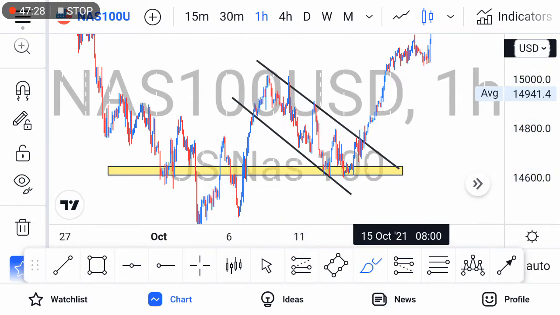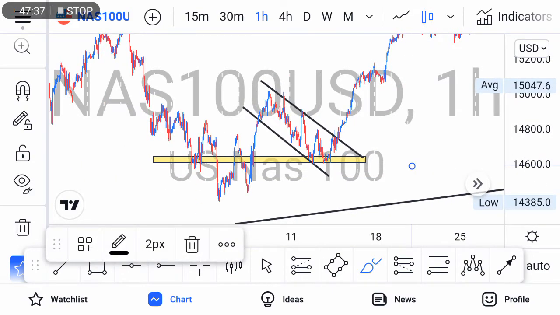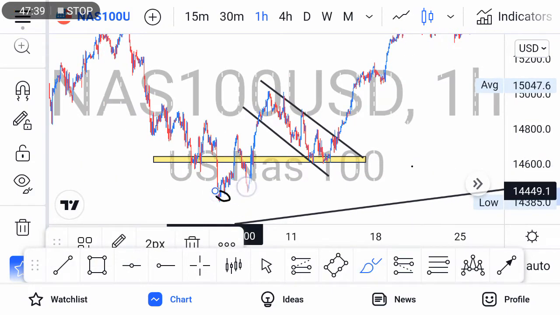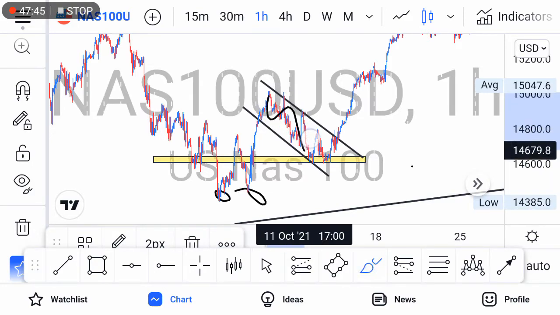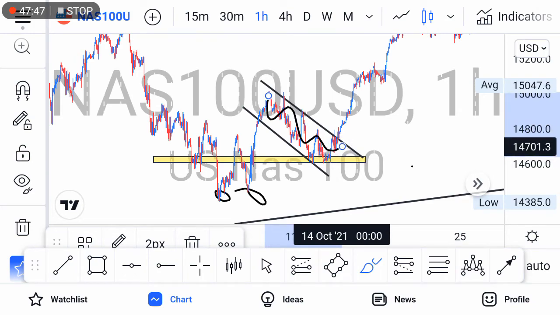We can say we have this inverse head and shoulder as a reversal pattern. That is our first confirmation, and we have this double bottom. That is our second confirmation, and we have this correction falling channel as our third confirmation.